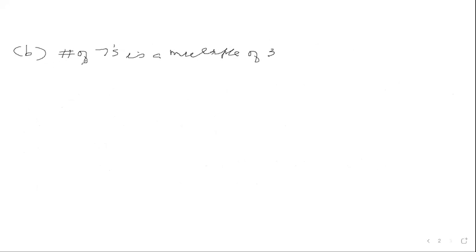Forgive this bad writing because I'm writing in a very unusual way. So this is the question. The number of 7s is a multiple of 3. Okay, now how do you prove this? You have to prove this. Okay, the number consists of only 7s and 6s.